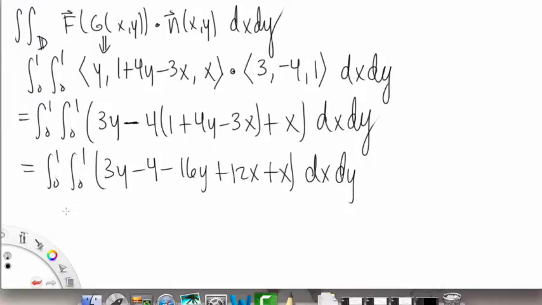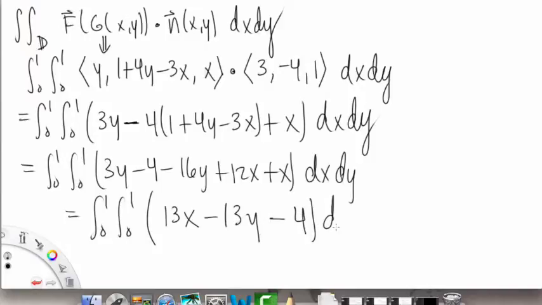This turns out to be 13x minus 13y minus 4, and I forgot a dx there, dx dy. Now we're just going to calculate the integral like normal.